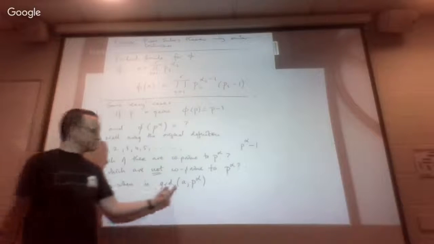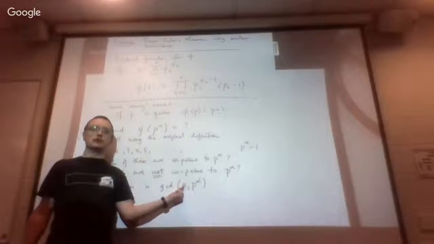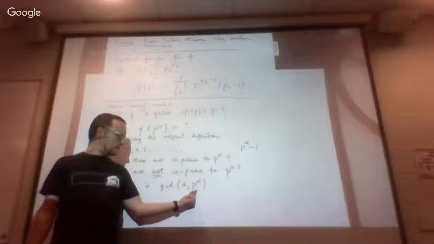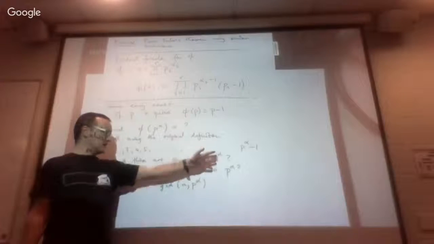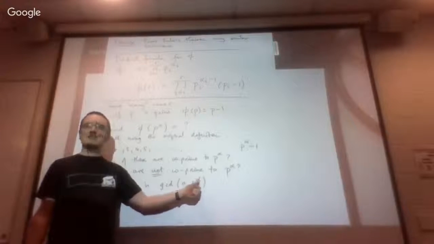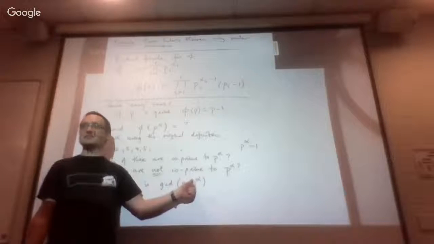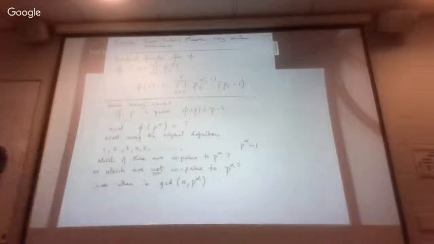What we're asking about is what kind of a common factor can a number share with p to the alpha? And we don't know what the number a is. a can be anything. So let's focus on the p to the alpha. What factors has p to the alpha got to possibly share with other numbers? Just p. Any other factors? 1. Okay, yeah, but 1 is shared amongst everything.